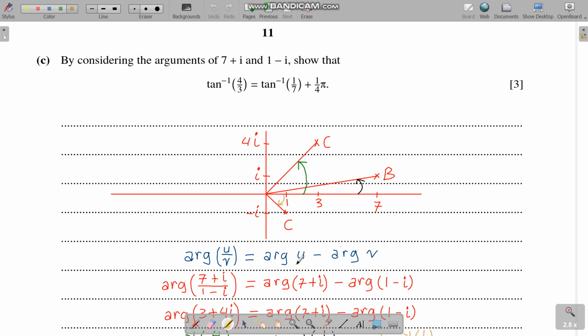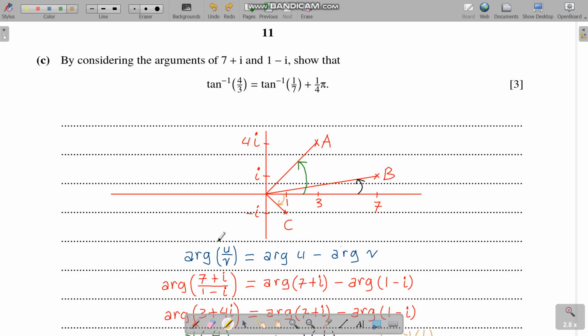Now, by considering the arguments of 7 plus i and 1 minus i, show that. Okay, so yeah, again, this is A, not C. Previously we know that this A here is the result of the division, the result of B divided by C. So we have this rule in complex numbers.